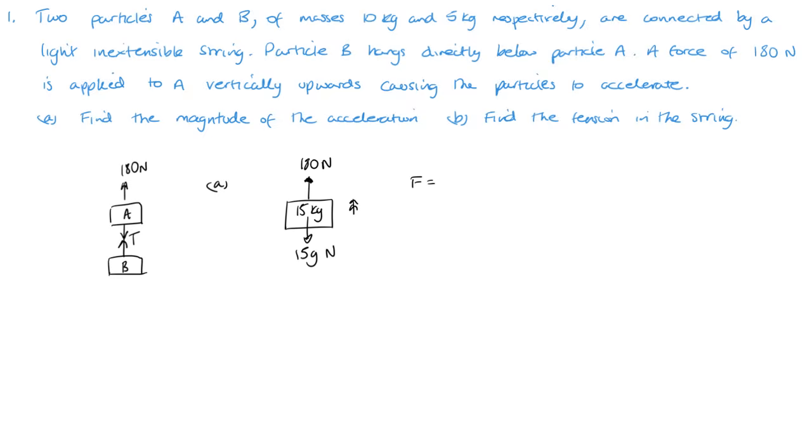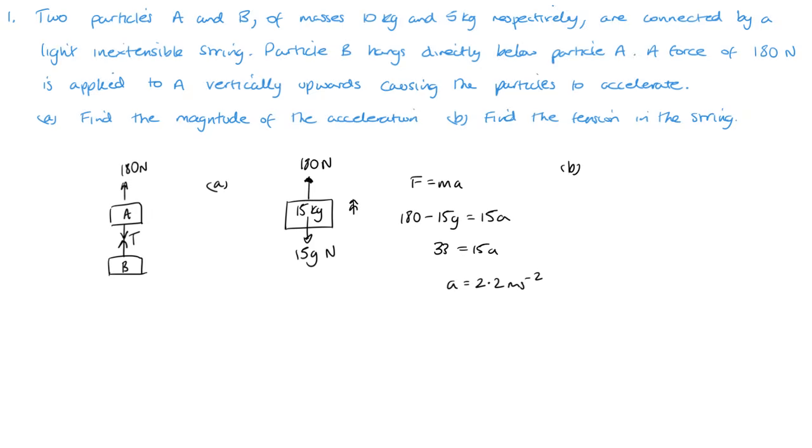So F equals ma. 180 minus 15g equals 15a. So that gives me 33. Divide by 15, and a is 2.2 meters per second squared.